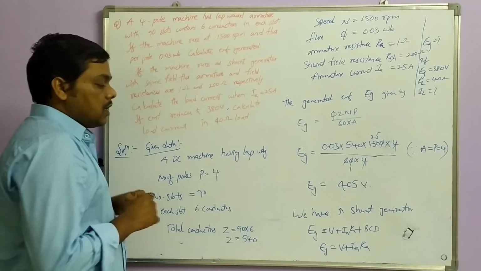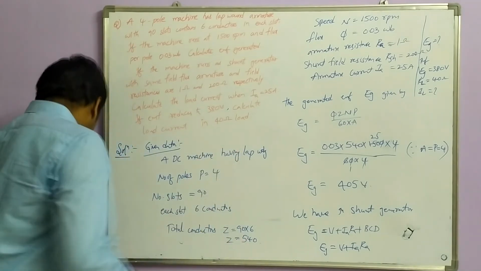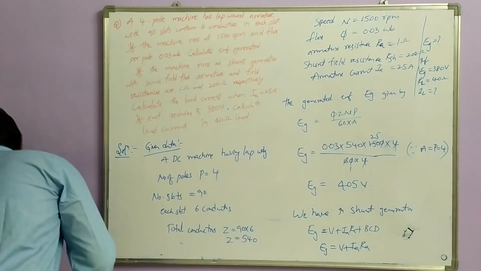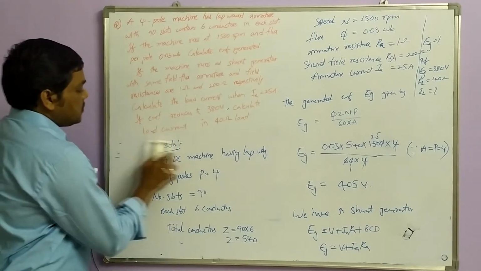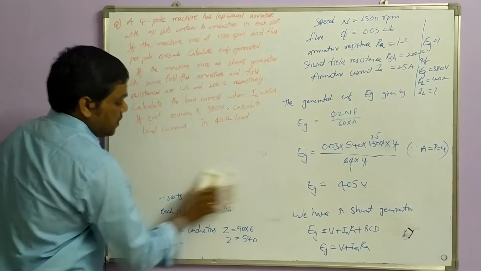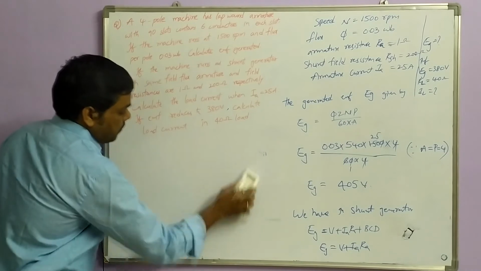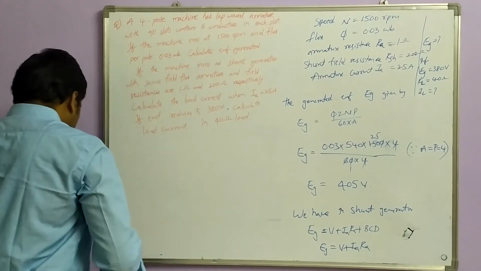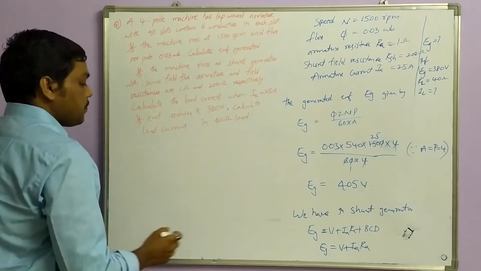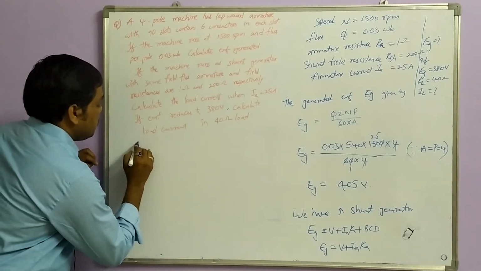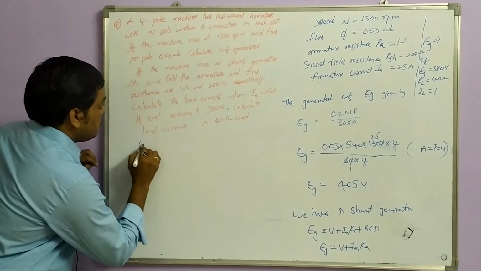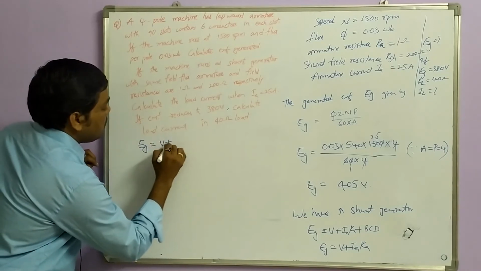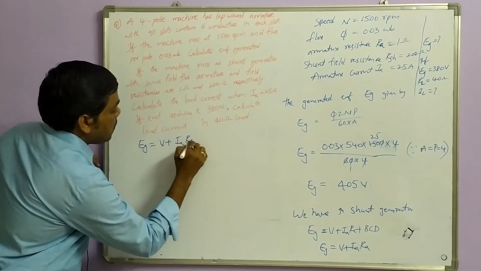Now let us calculate the voltage. The generated EMF EG is equal to V plus IA RA.